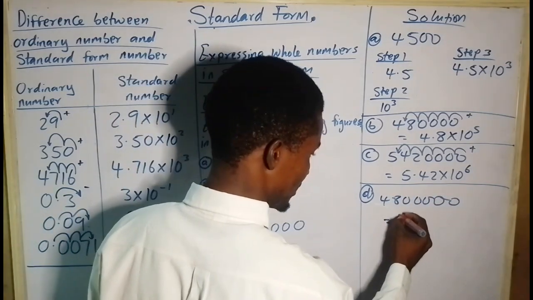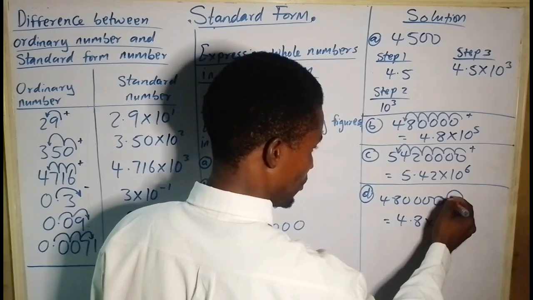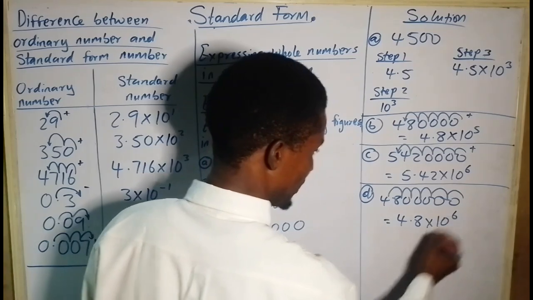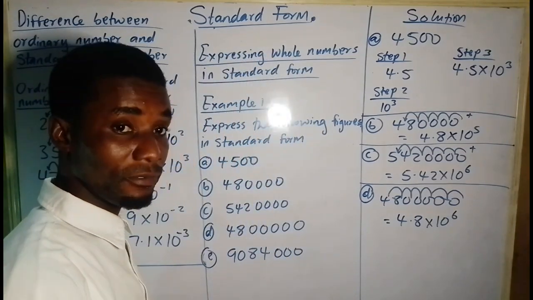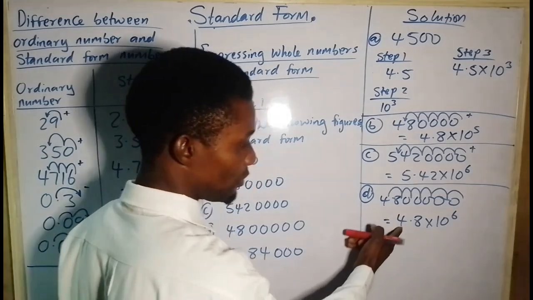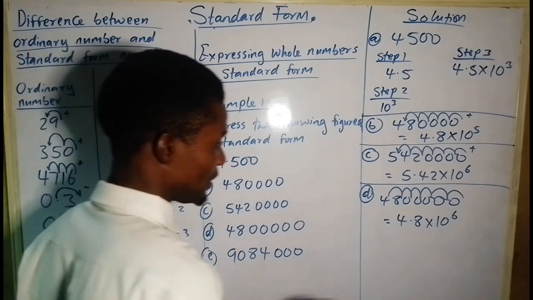Let's express it in standard form. That will be 4.8 times 10 raised to power 1, 2, 3, 4, 5, 6. Times 10 raised to power 6. That is 1 million. So, to get this whole number back, you need to multiply 4.8 by 1 million. That is what it means.